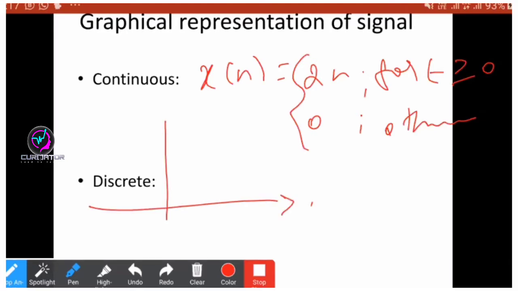Here we can mark n on the x axis, and x of n on the y axis. If n equal to 0, x of n will also be 0. If n equal to 2, x of n will be 2 into 2, so 4.